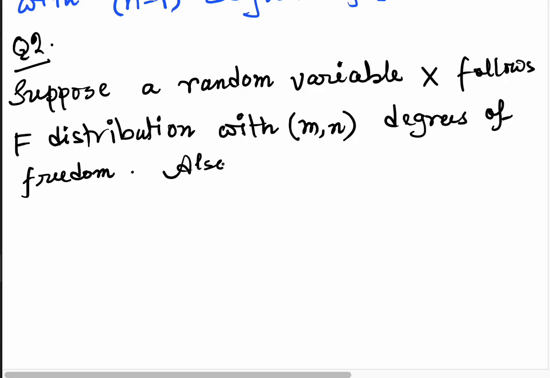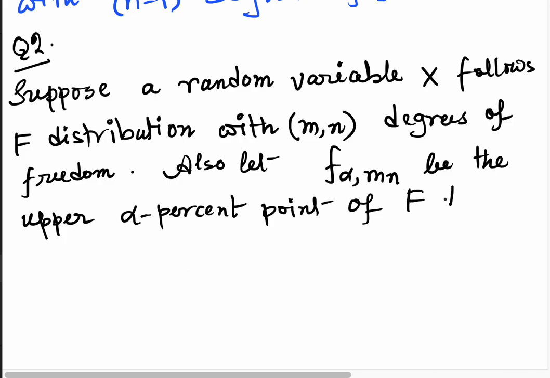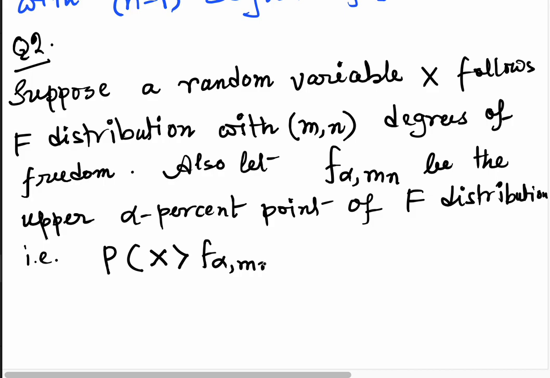Also let F alpha m n be the upper alpha percent point of the F distribution, that is, probability of x greater than or equal to F alpha m n is alpha.